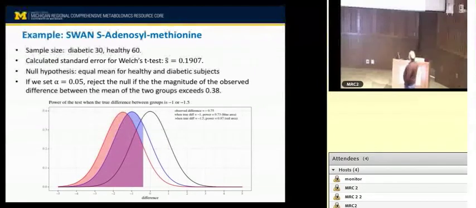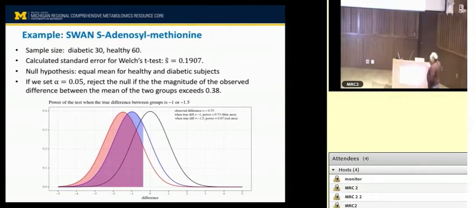So essentially, I'm not having that much power for this particular metabolite, because, for example, when I do this type of calculations, when the true difference is -1, I go back to standard formulas that are implemented in software, the power of the test is 0.73, and you see that as I start getting higher mean differences, the power starts going up.